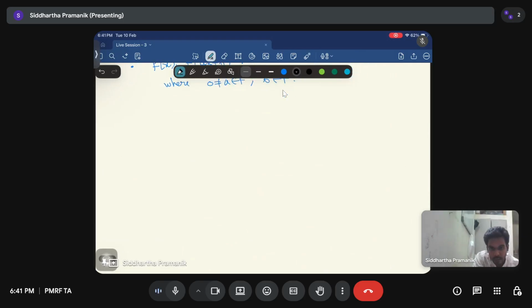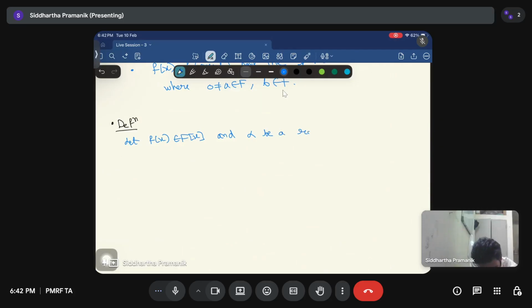Okay, so I think I should define the multiplicity first. Then I will go to that problem. So let f(x) be a polynomial in F[x] and alpha be a root of f in F bar, right?